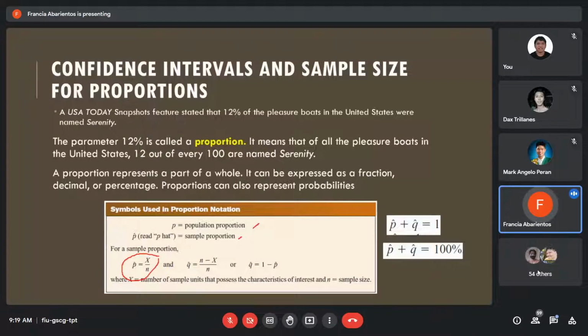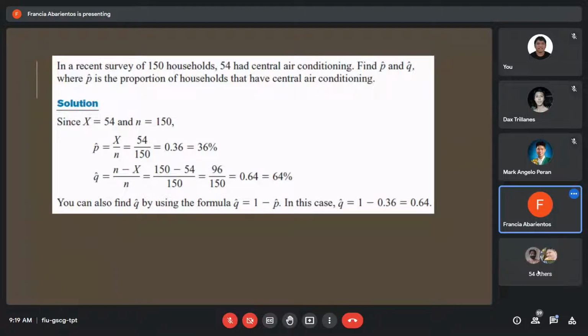Yan, dinerive lang nito class. We have now the q hat also. Ano yung q hat? This is the example. Parang babalikan lang natin kasi yung sa success and failure, pero iba na silang notation. Okay?